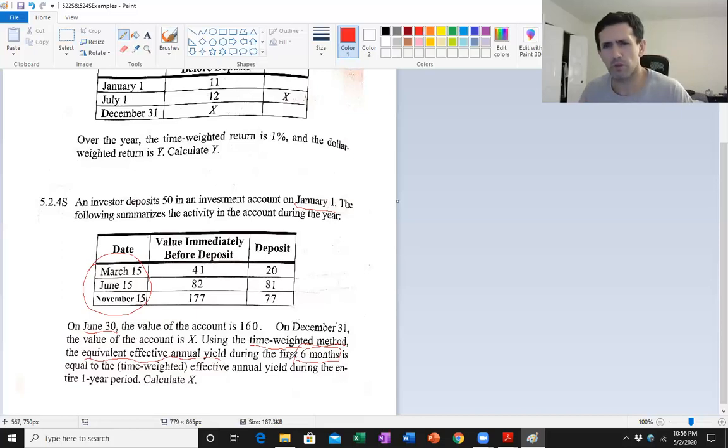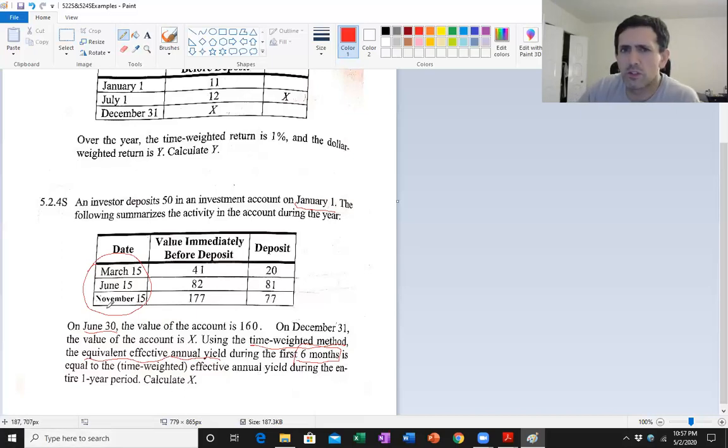To compute the equivalent effective yields for the first 6 months, that's very important. But otherwise, and that's the point of the time-weighted rate of return, it doesn't matter how long these periods are. You just multiply growth factors.